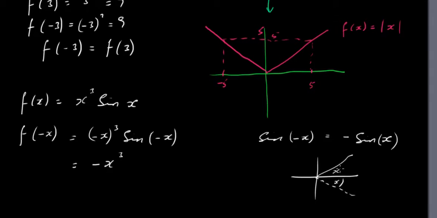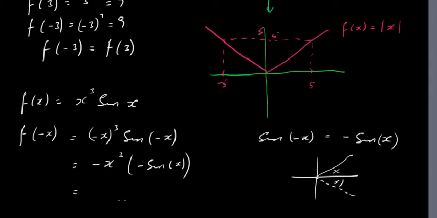So really the sine of this x here is the same as the sine of this x here in the fourth quadrant, however it will be negative. So in other words, this is just minus the sine of x.